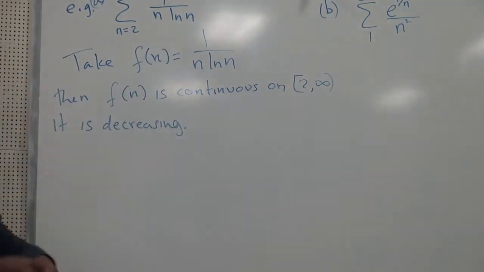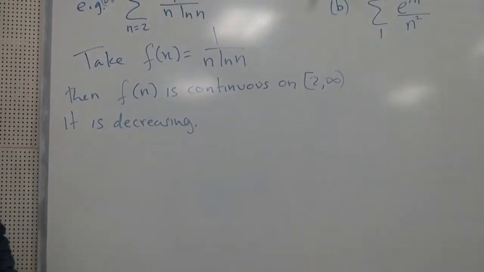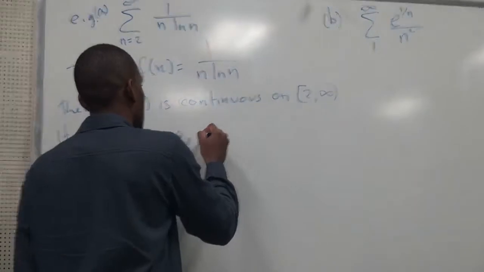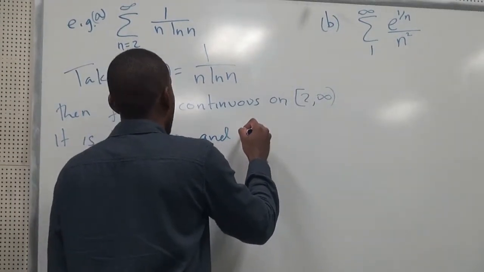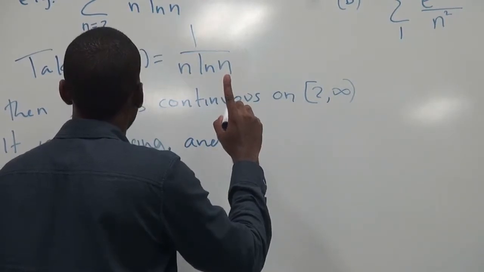It is also decreasing, which you can easily see because the top is a constant and the denominator keeps growing. Actually, one more.